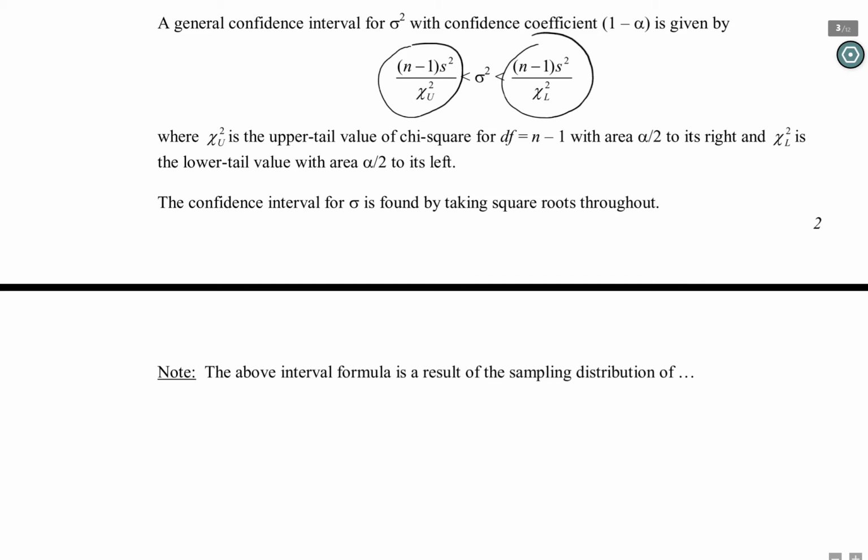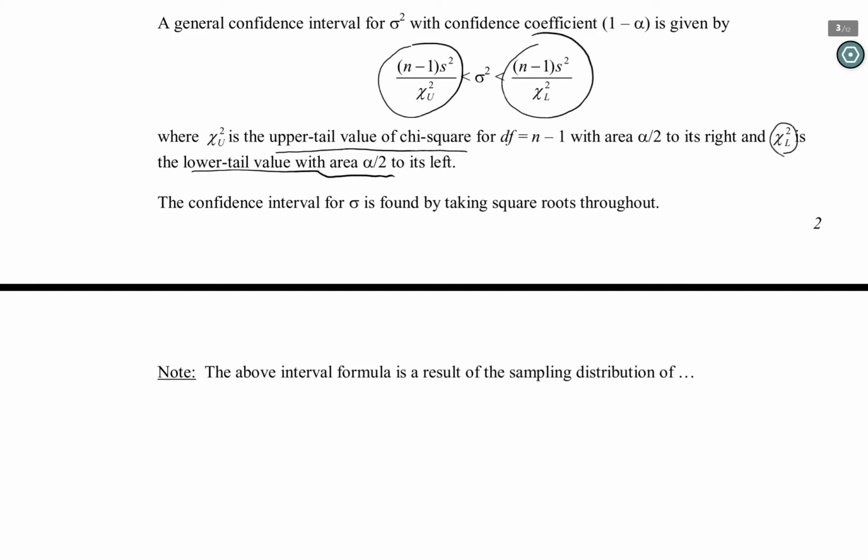Chi-squared u is an upper tail percentile of a chi-squared distribution, so you'll need a chi-squared table to compute that, or a calculator or computer. And chi-squared L, which is over here, it's in the denominator of the upper bound for the interval. That is the lower tail chi-squared value with an area alpha over 2 to its left.